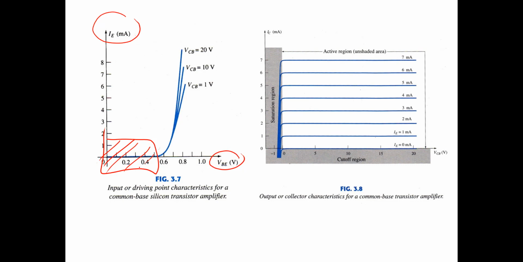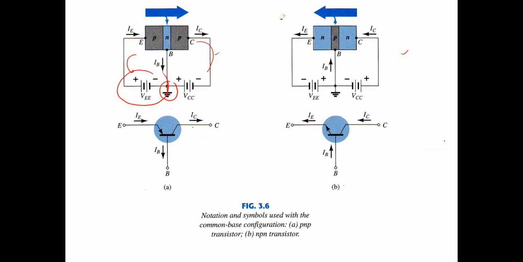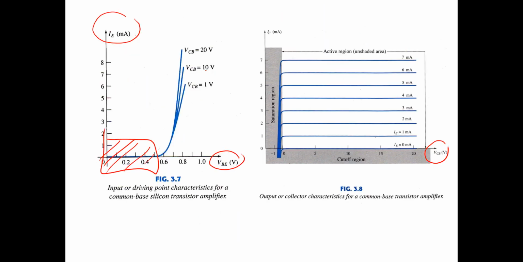And then we can draw another picture here. This is the VCB, the collector to base voltage, or VCC here, and then this is the IC, the collector current. We can see here, if we increase VCB from 0 to 20, the IC or collector current still remains stable here.